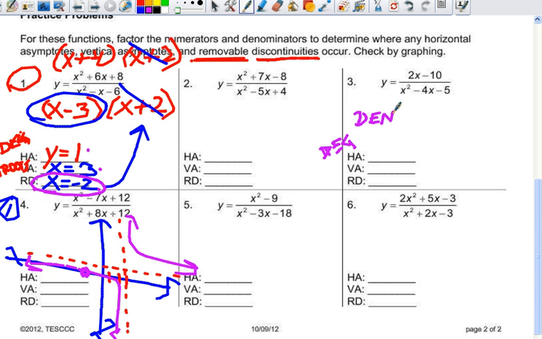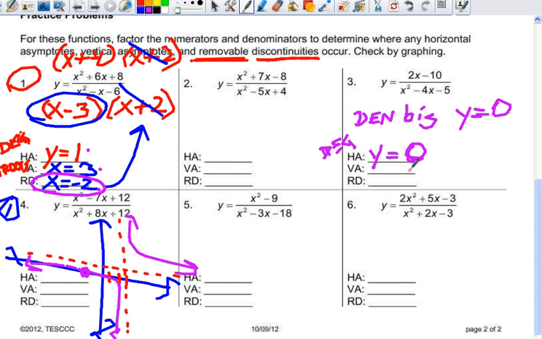What's the rule when the denominator has a bigger degree? When the denominator is bigger, then y equals 0. If the numerator is bigger, then there's not one, right? But in this one the denominator is bigger, so you have a horizontal asymptote at y equals 0. All right, so that takes care of that.